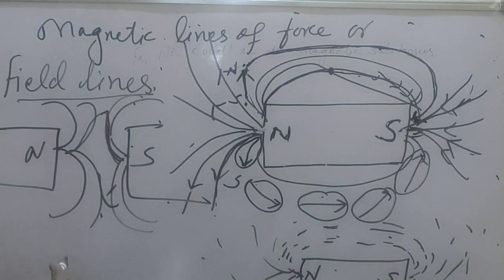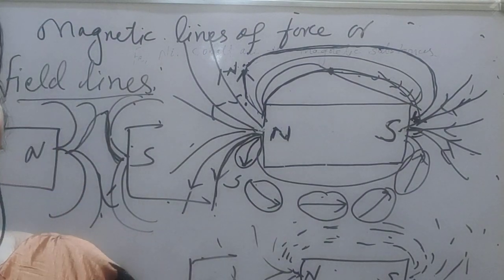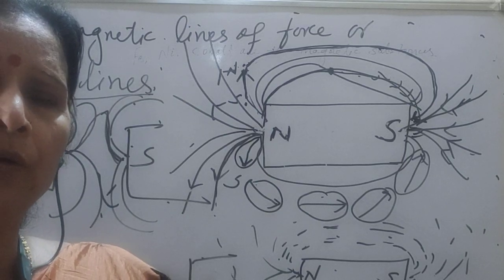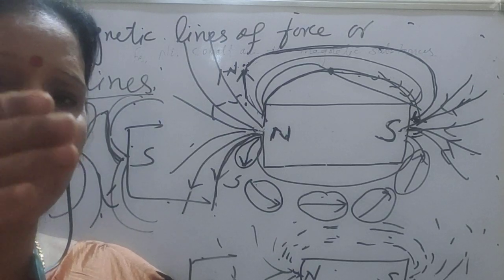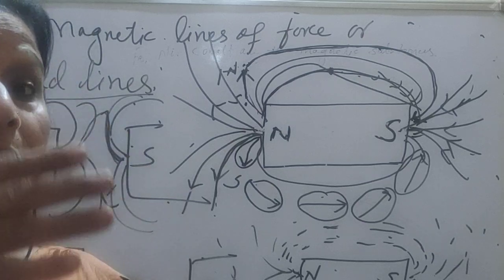Now the next one, that like poles of magnets repel each other. These are the two like poles of magnets. And the property of field lines is that field lines try to push other field lines sideways. It pushes it to the side.